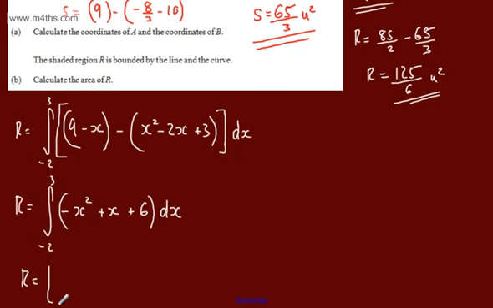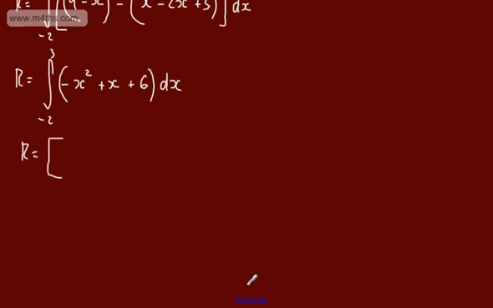So R will be equal to, and again, all I'm going to write now is the following. We're going to have minus 1/3 x cubed plus 1/2 x squared plus 6x, and I'm interested in this now from negative 2 to positive 3. So let's go ahead and look at that. Let's say R will be equal now, and show this clearly in the exam.